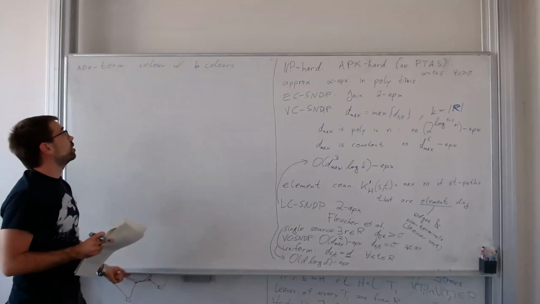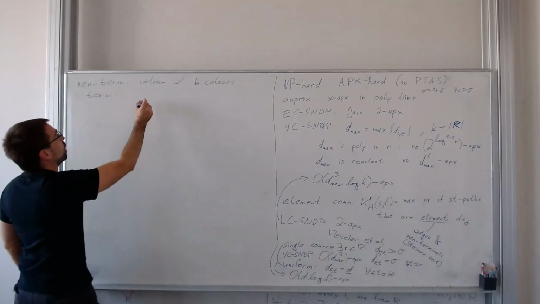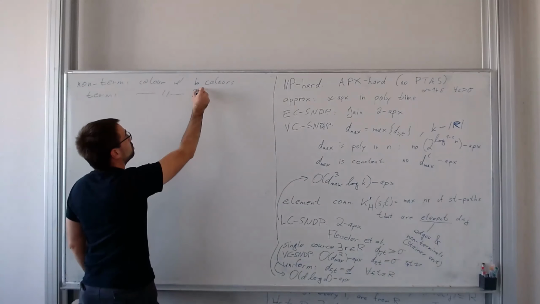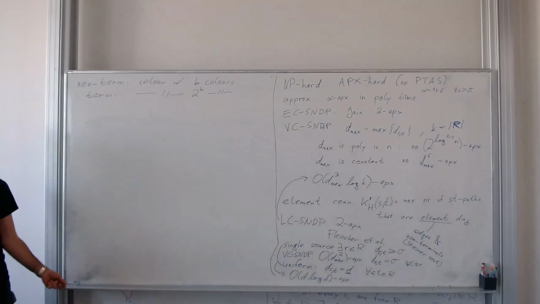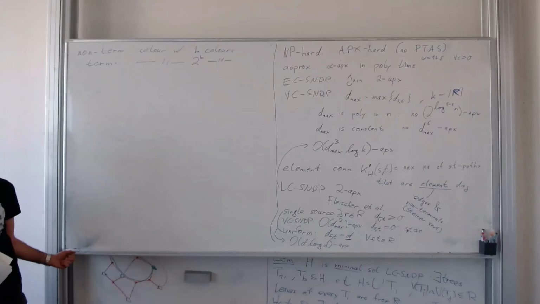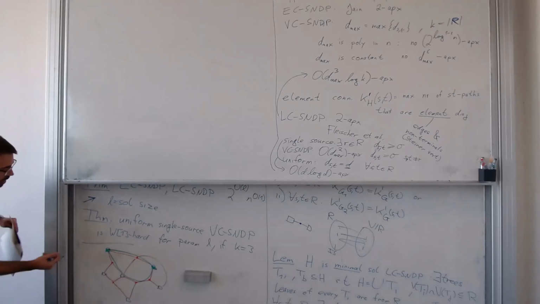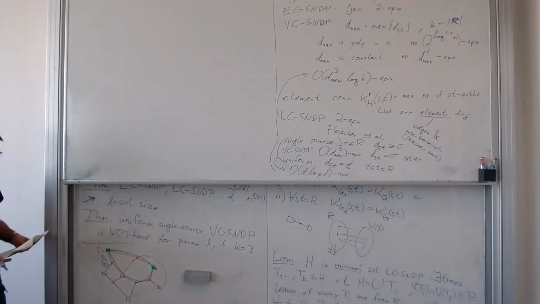And for terminals, we will color them with sets of these colors, so 2 to the B colors. Because the terminals can be in several trees, we color them so that each terminal has a set of colors, which encodes in which trees it's going to be.